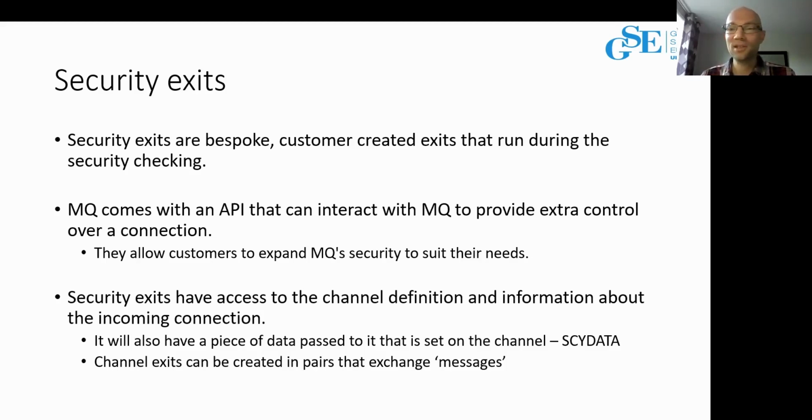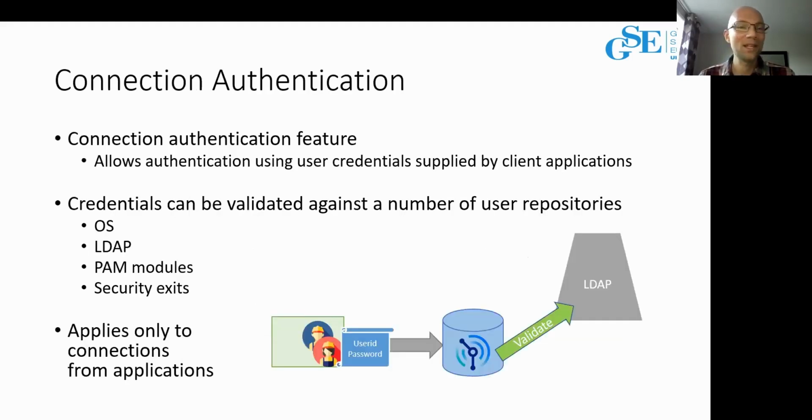Now, everything I've talked about so far applies to both applications and queue managers connecting into a queue manager. Something that applies only to applications connecting to your queue manager is connection authentication. If you remember, a few slides ago, I was talking about the different identities that applications can assert.